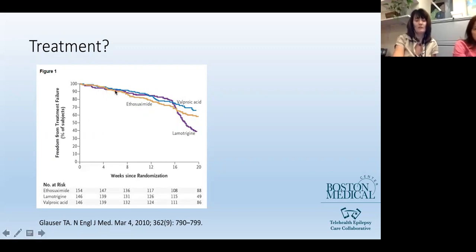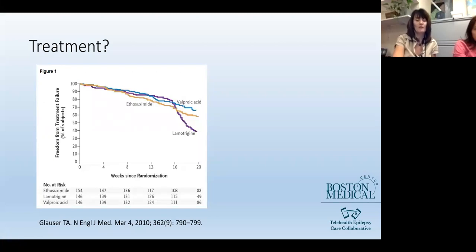What you can see is over time, lamotrigine seemed to fail for about 50% or more of the kids, whereas ethosuximide and valproate seemed to work the best, not perfectly, but the best. I'm not going to show you the slide that shows side effects of each, but the end conclusion of this study was that valproic acid and ethosuximide work equally well.